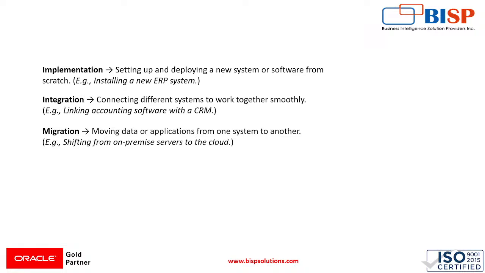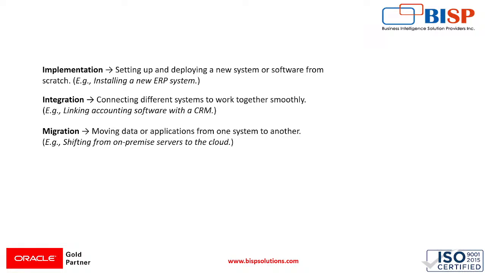And the third is migration. When we are migrating, we are moving data, an application, or a system from one environment to another. That means transferring information or upgrading technology without data loss. Suppose we are moving from QuickBooks, or any other ERP, into the Oracle Cloud.